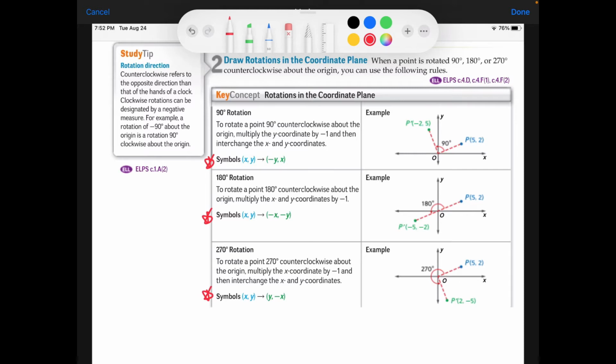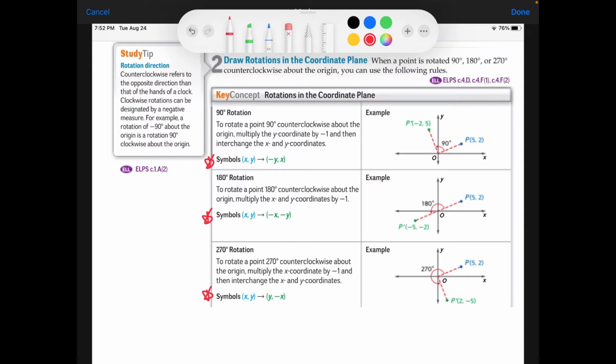Many times they ask us to rotate 90 degrees, and so that would be the rule. We would take each coordinate point and flip the coordinates and change the sign for y. For the 180 degree rotation, we would not flip the coordinates, but we would change the sign of both the x and the y coordinates.